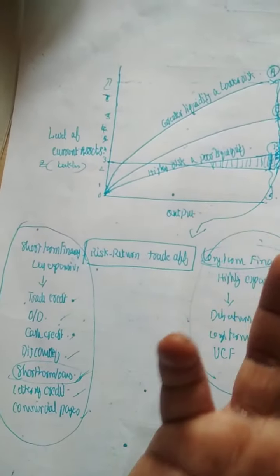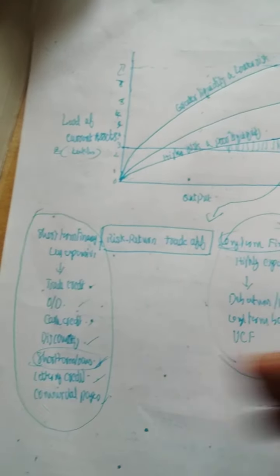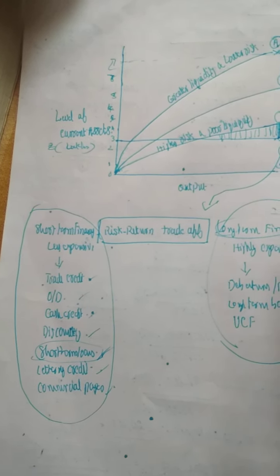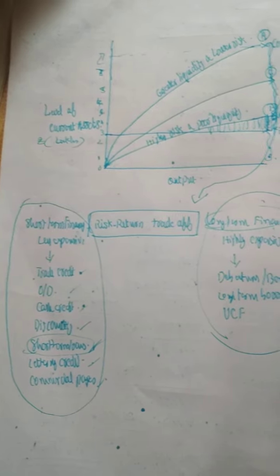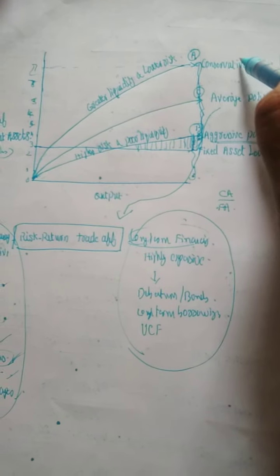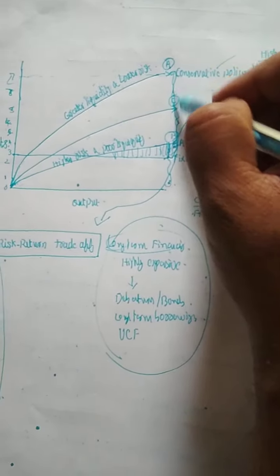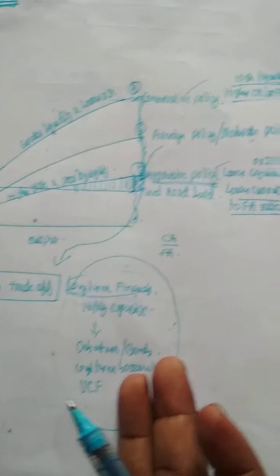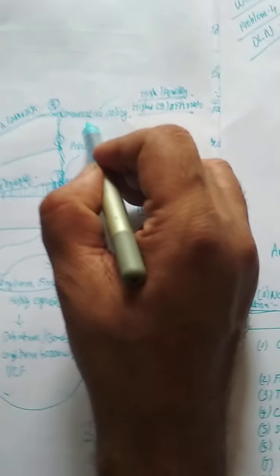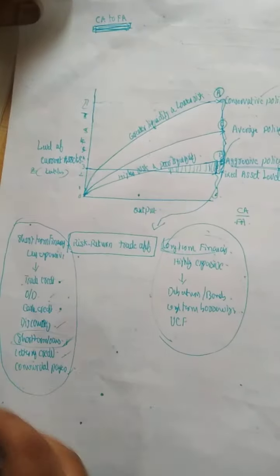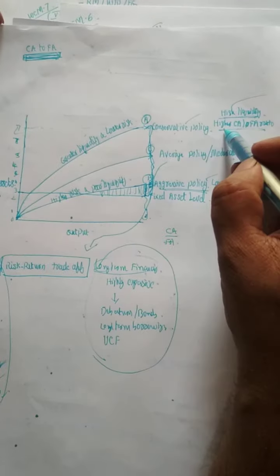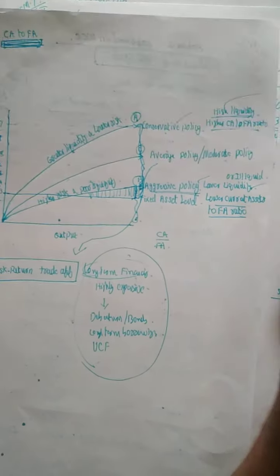The firm could work with this short-term finance rather than depending on long-term finance. That is the firm applying conservative policy and depending more on current assets rather than fixed assets. A firm with conservative policy will have higher liquidity because their income is mainly dependent on current assets, with a higher current assets to fixed assets ratio.